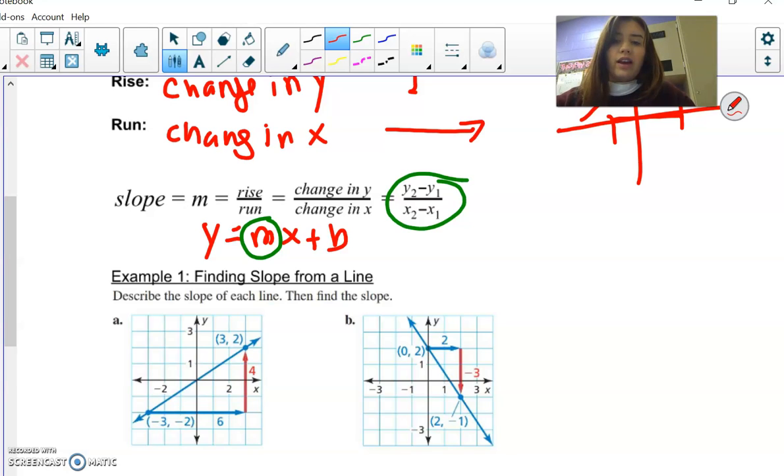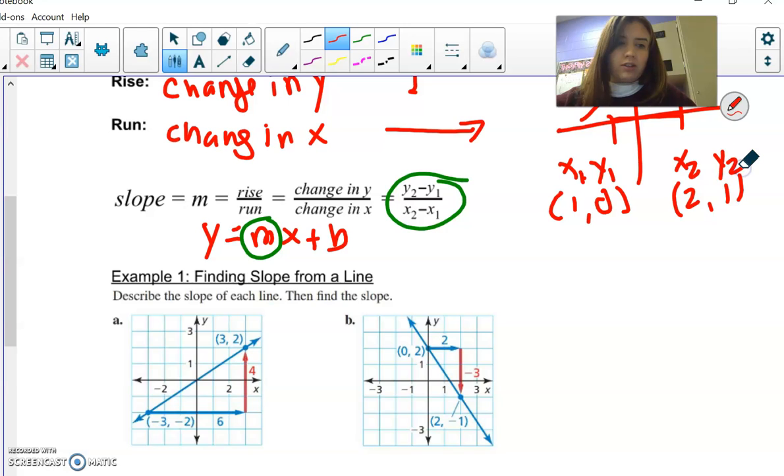So how do we find that? It's our rise over run. So we're just going to take a point like 1, 0 and 2, 1. And we're going to label 1 as our x1, 0 as our y1, 2 as our x2, and 1 as our y2.